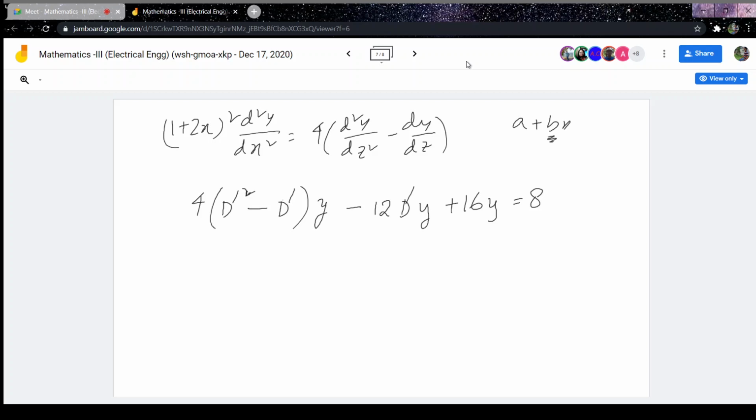It was 1 plus 2x whole square, so e to the power 2z.